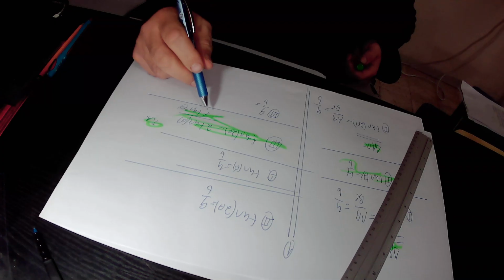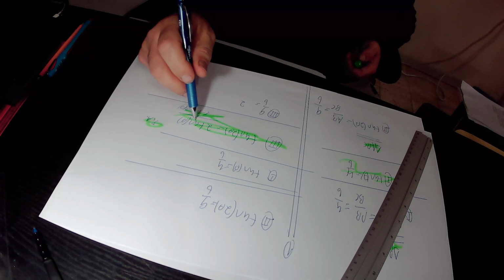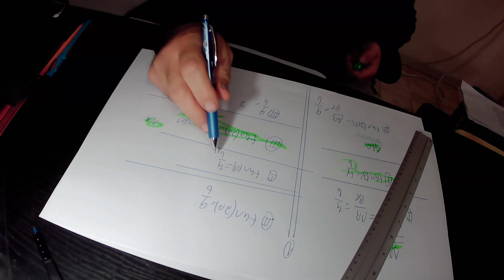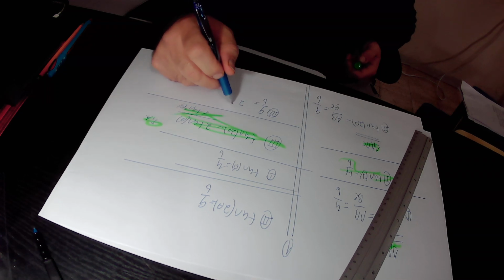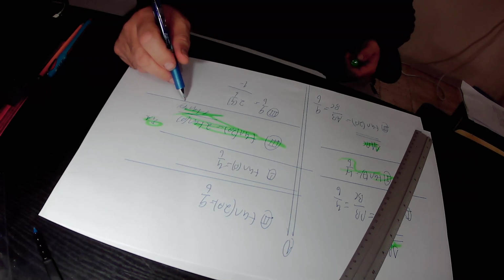It equals 2 times tangent theta. Tangent theta is 4 over b, so we substitute tangent theta by 4 over b, over 1 minus tangent squared theta.